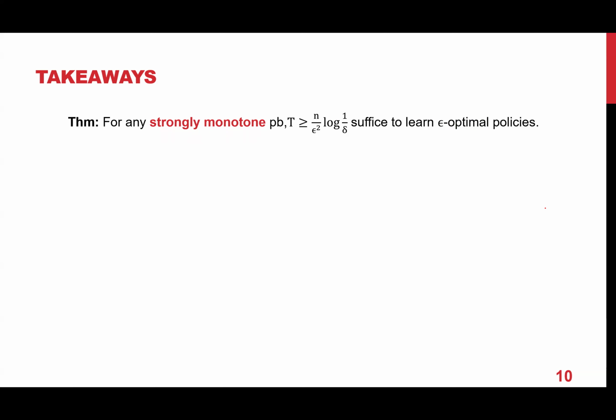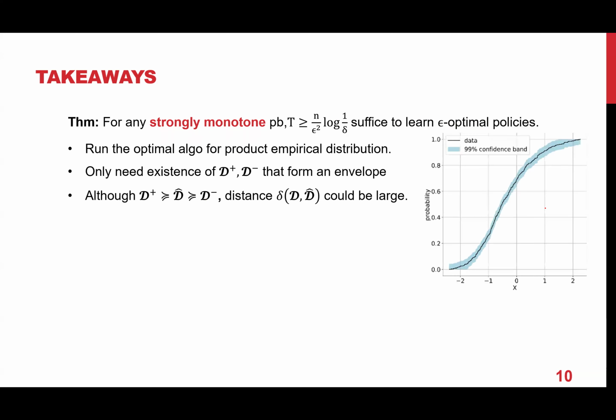So this is a very general result. The high level idea is that you construct these envelopes, think of upper and lower envelopes in this blue band, argue that whatever you've learned is also within this band, and prove from there.